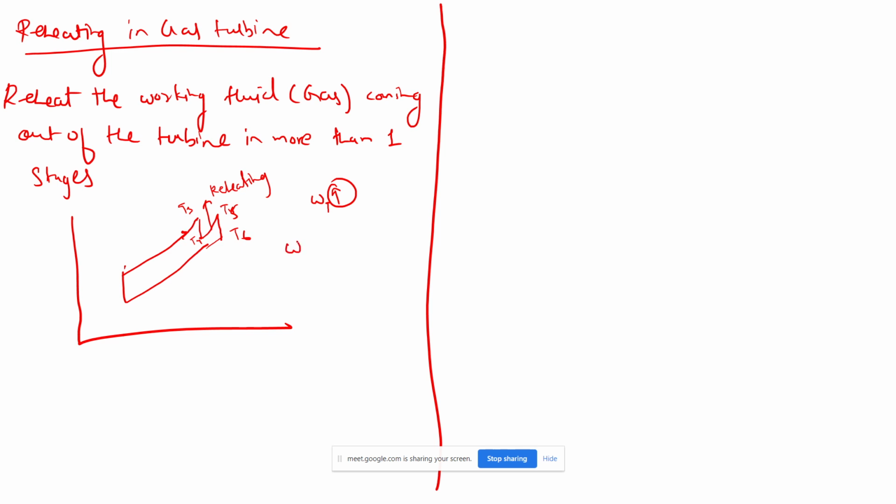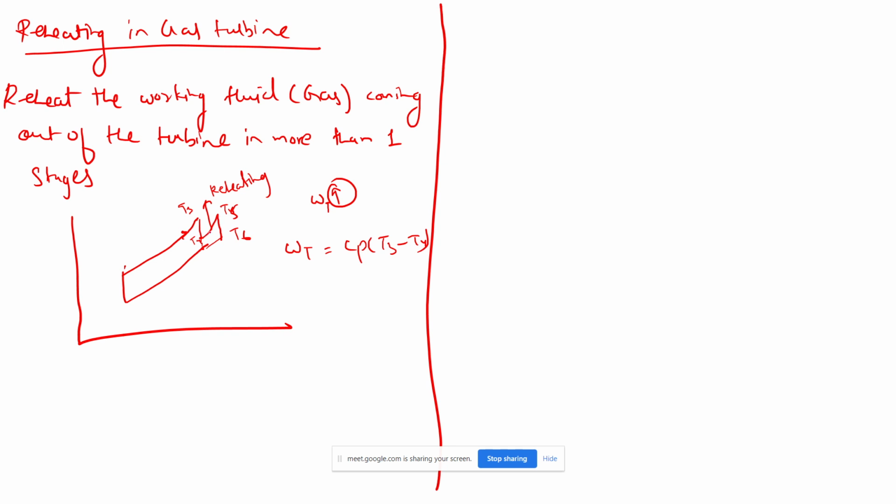How will it increase? Previously the turbine work was Cp (T3 minus T4). Previously we were expanding it here and then going directly here. Now we are again reheating at some intermediate state to temperature T5, which can be equal to T3 or greater than T3.